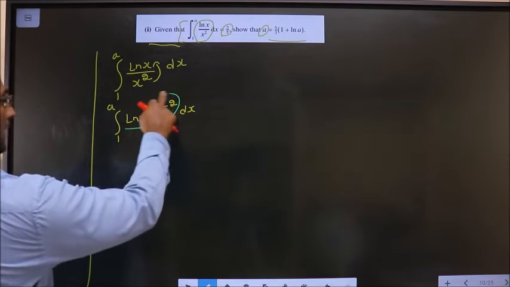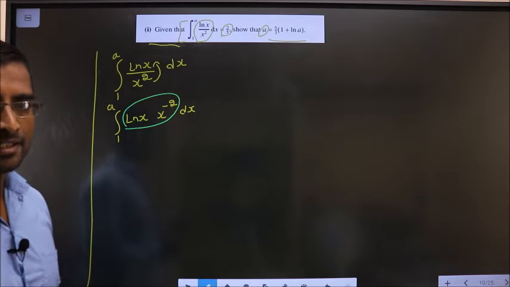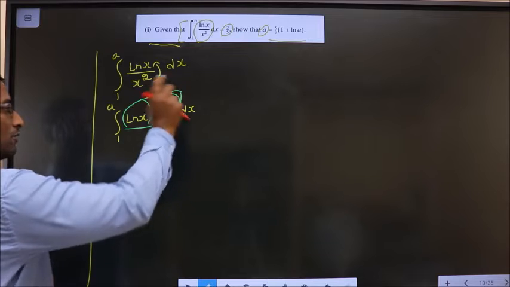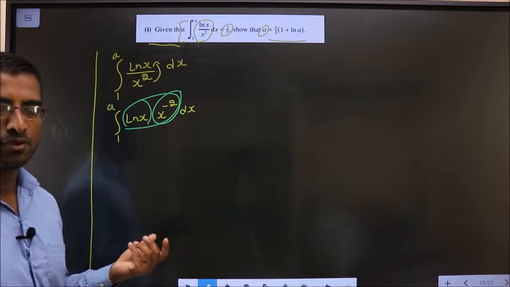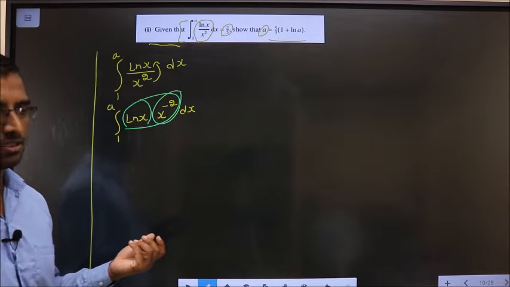Now I have to integrate this one, and you need to analyze that it is a product of ln x and x power minus 2. Whenever you want to integrate a product, you should make use of integration by parts.